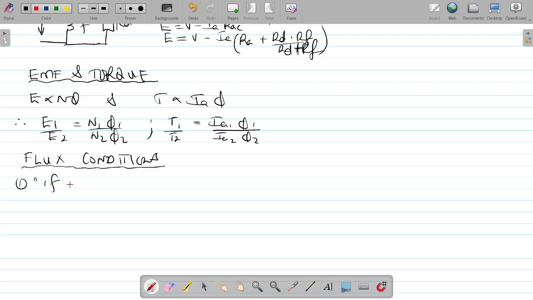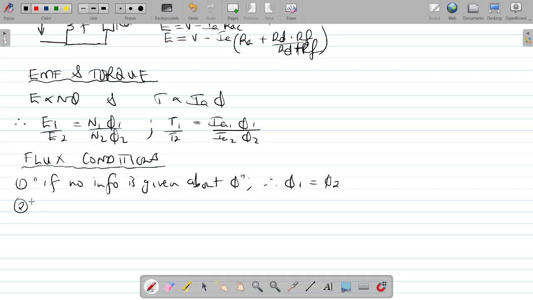It says if no info is given about flux, therefore, flux 1 will be the same as flux 2. If you read a whole calculation, you collected your data and they did not say anything about useful flux, then you consider that flux is constant.